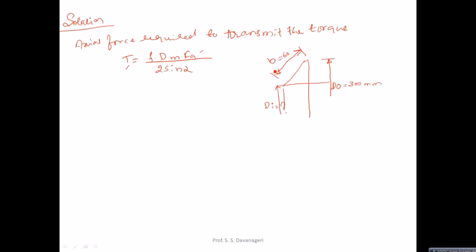Di or D1 is not given here. They have provided the value of b equal to 60 mm. Now what parameter do we need to calculate the torque here? You need the mean diameter. Let us mark the mean diameter here. This is the mean diameter. Now the angle is alpha, and this is b by 2.